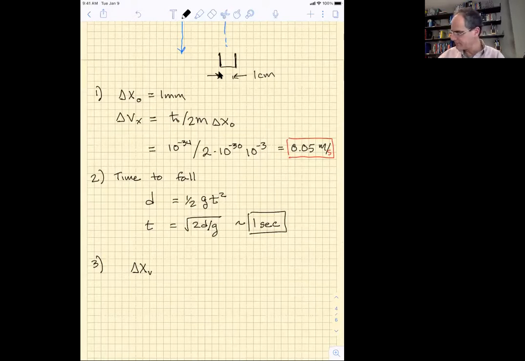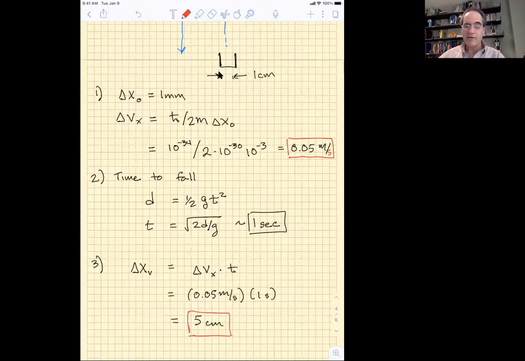Okay? So this is approximately delta Vx times t. And so you can see this is 0.05 meters per second times 1 second, which is 0.05 meters, or 5 centimeters. Okay, so can you do it? Can you drop the electrons into the cup? You're probably going to miss.